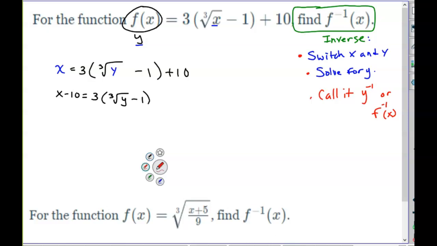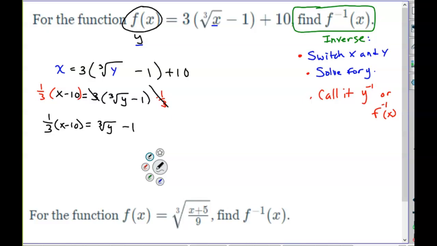And the next thing, we're going to divide by 3 or times by the reciprocal. Okay? Dividing by 3 is the same as timesing by 1/3. And then that's going to get rid of the 3 and the 1/3. And then I'm left with whatever's in the parentheses.